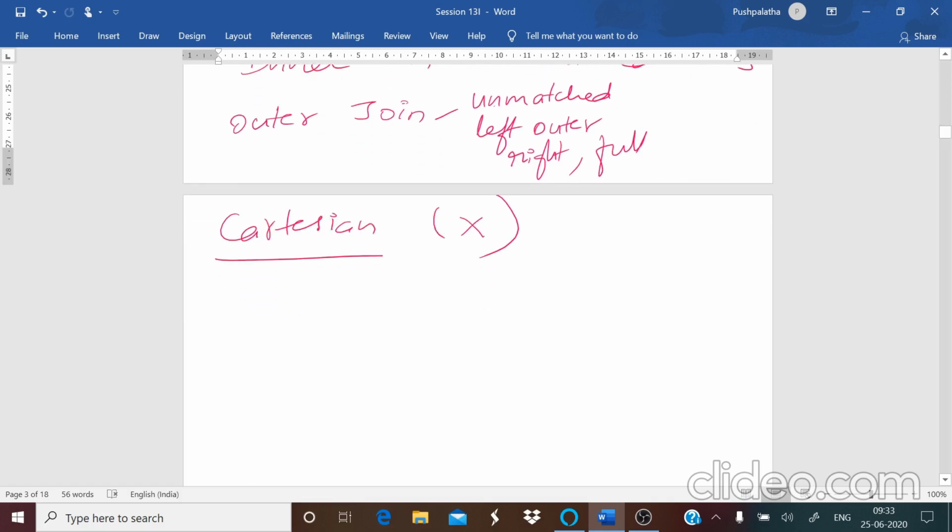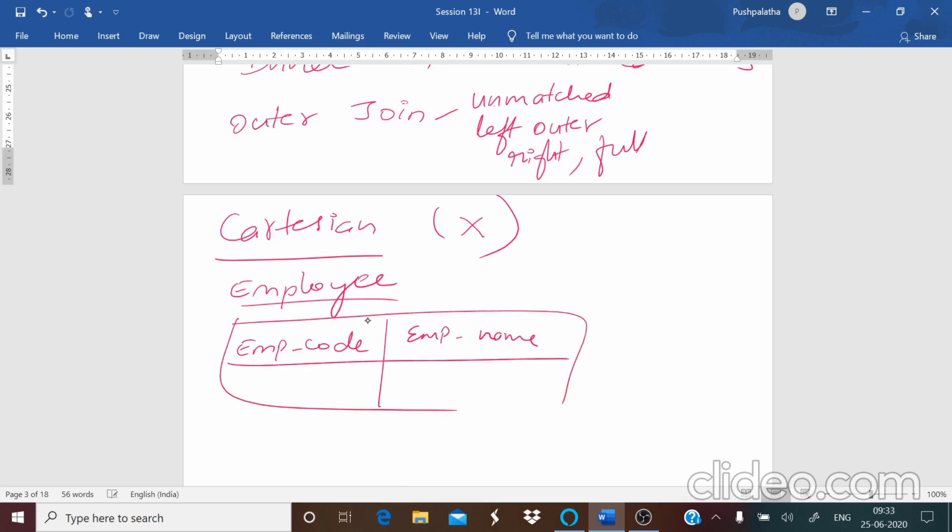Natural join means it does not use any comparison operator, and it is performed when at least one common attribute exists between the relationships. For example, you have a table by the name of employee, and you have EMP code and EMP name in one table. Okay, and you have one more table by the name of salary, and again you have your EMP code and salary here.